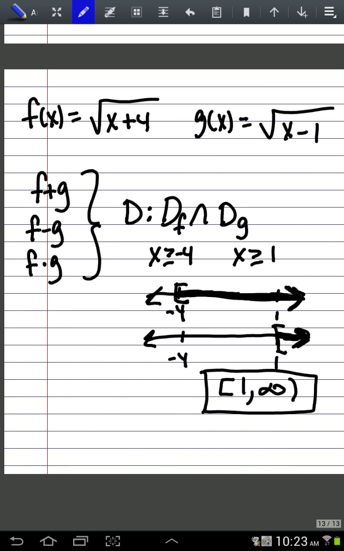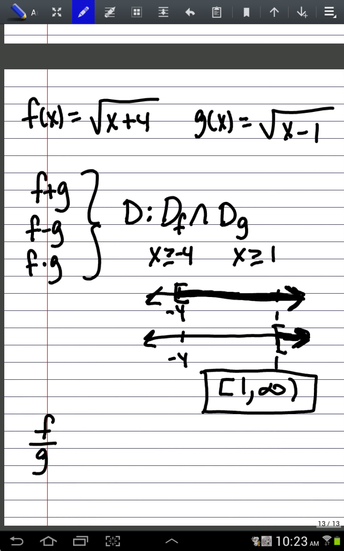Now, is that the domain for all 4? No. F divided by G has the same thing, but we have to say a little bit extra. F over G is the domain of F intersect the domain of G, and the G function cannot equal 0.